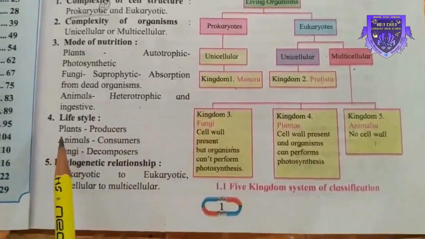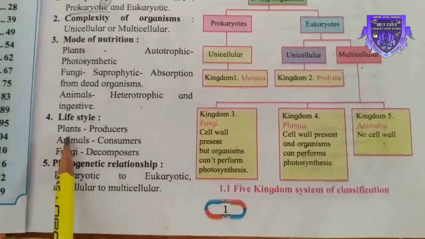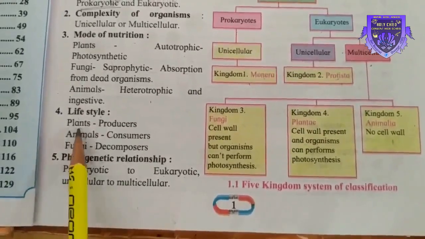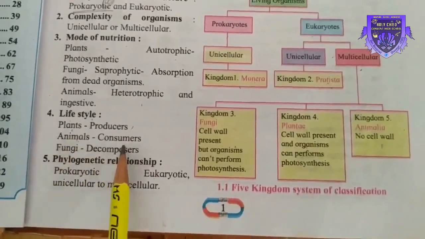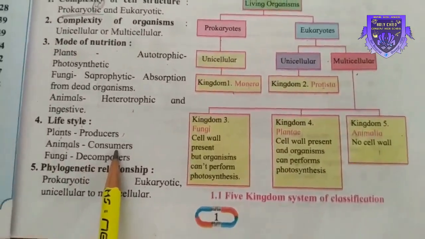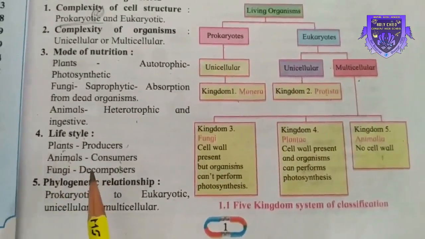The other criteria is the lifestyle, whether they are plants, animals or fungi. That is, plants are producers, animals are consumers, means they do not synthesize their food but depend on others for their food, like the producers or other consumers.